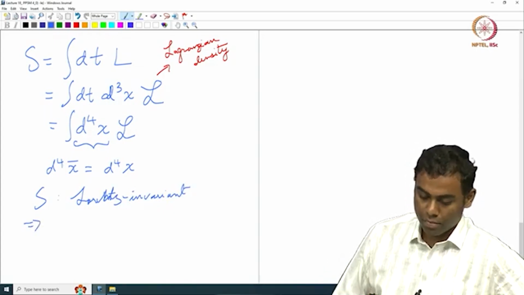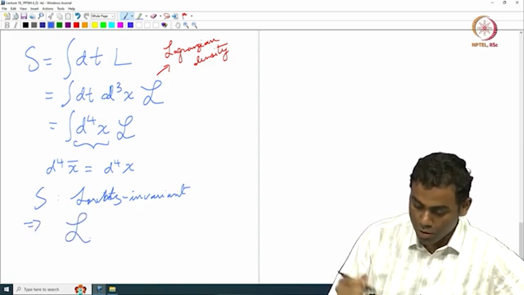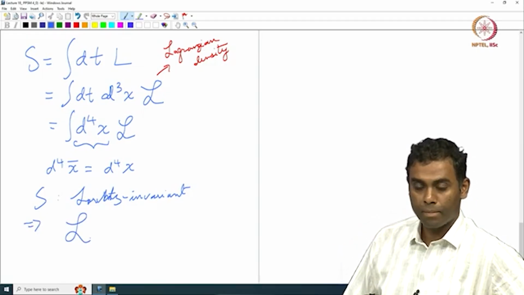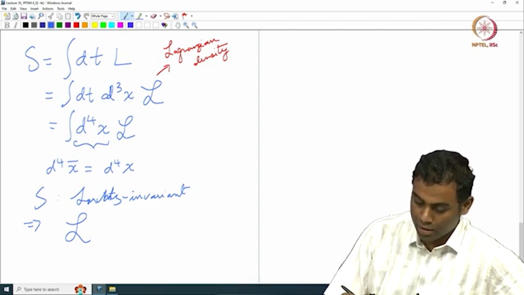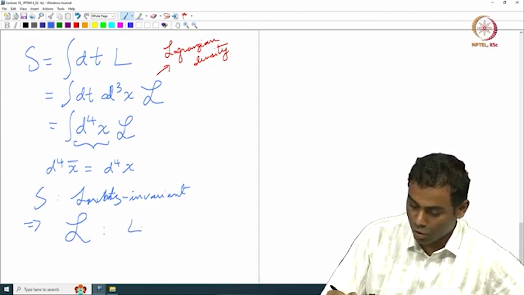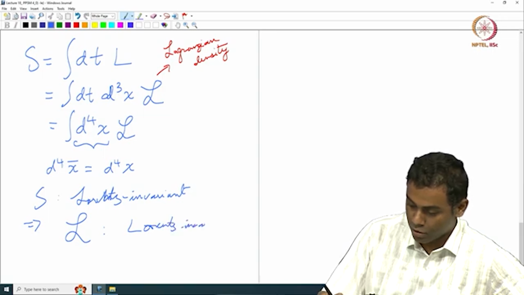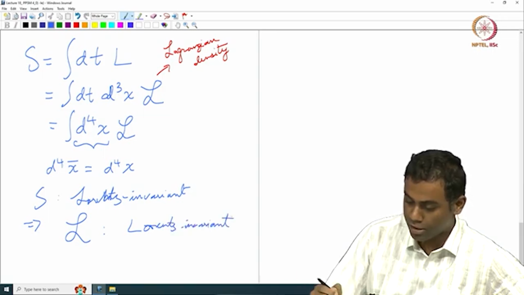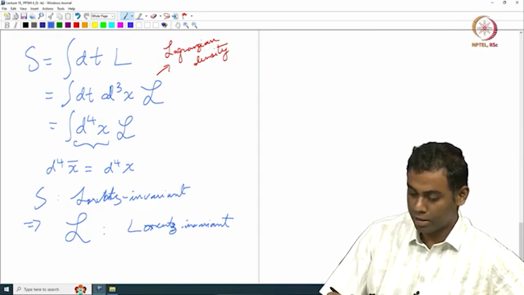So that would mean that when you write down a Lagrangian to describe your theory, you better make sure that it is also Lorentz invariant. So sometimes I use the word Lagrangian to denote Lagrangian density, okay? That's the general usage.